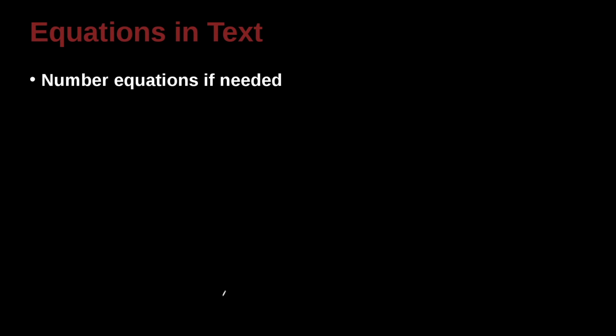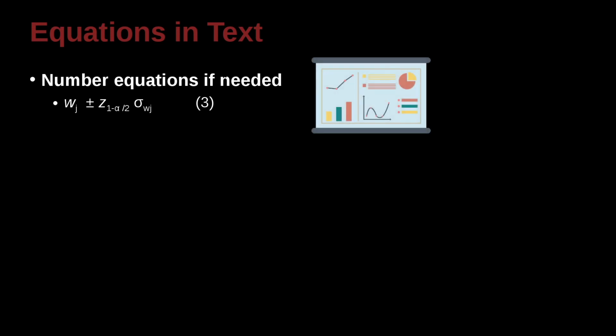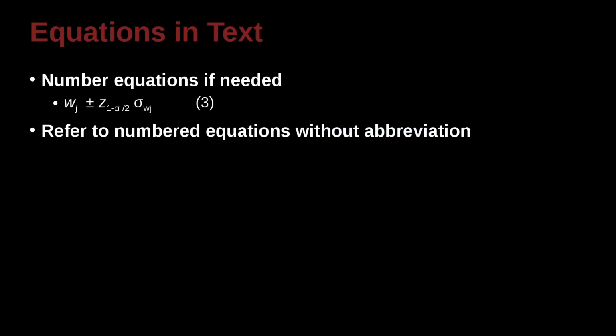Okay, so for equations in your text, if a numbered equation is needed, such as this case here, where you have a more complicated one or it's important to your research paper, then you include it on a separate line and it gets a number. So it's going to be like a figure, like a table, only in this case it's going to be a formula or equation number.